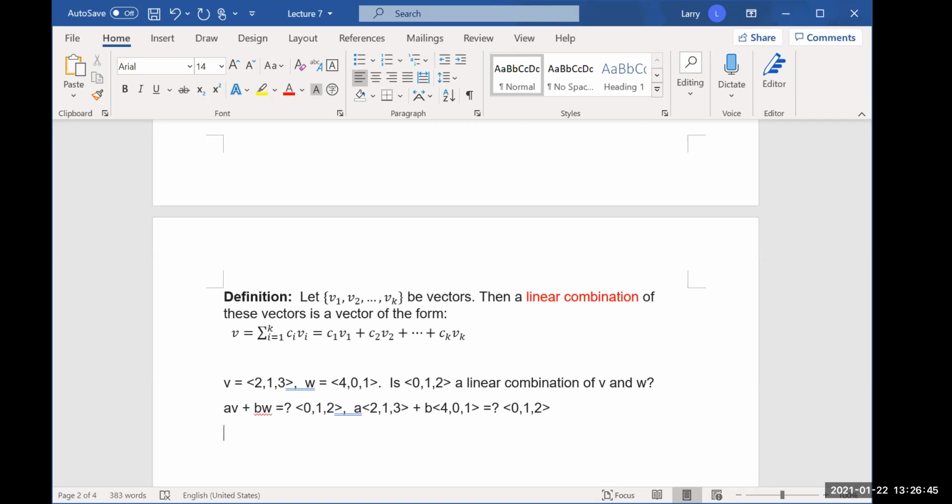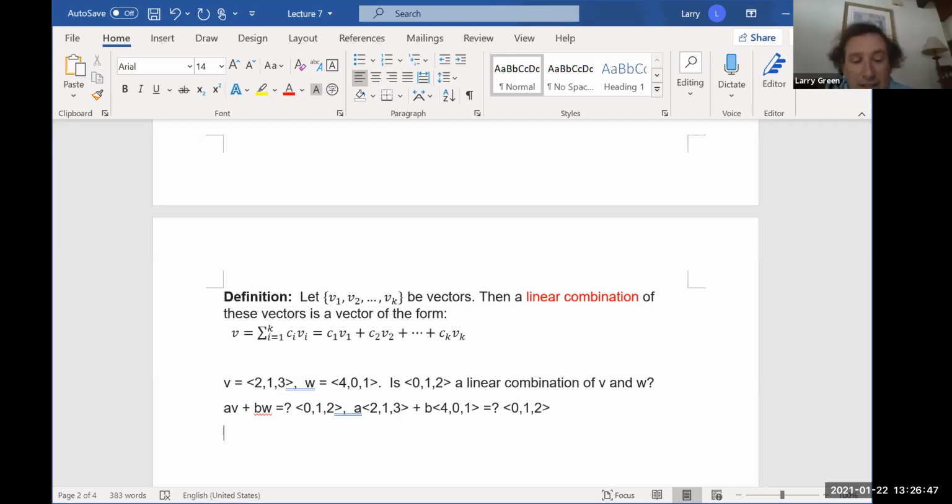Basically a system of equations. Yeah, I can write this as a system, so I can look at the first component, the second component, and the third component, and those will be each different equations. So I get 2A plus 4B is equal to 0. I get A, or 1A, however you want to write it.